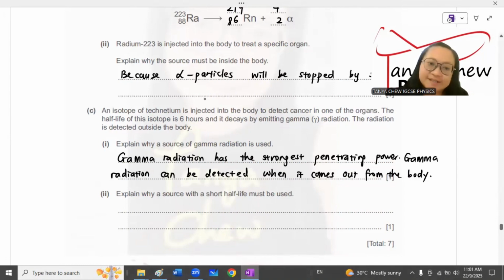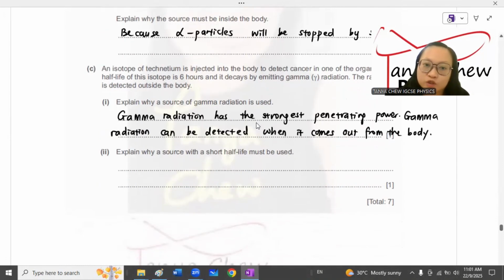Explain the second part, C second part, explain why a source with a short half-life must be used. Because gamma radiation is radioactive, you don't want it to stay too long in your body because it could cause harm. Right, so that is why I said that short half-life, it is just enough to show the result of diagnosis, but not too long to stay in your body.